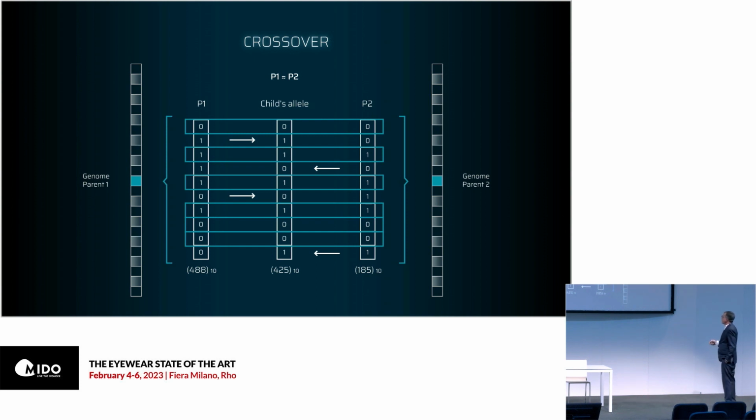Otherwise, we reduce that. In that case, we are assuming that for both parents, the fitness score was almost the same, and then both give the same amount of genetic information to the child. So in this case, the gene for the child is 425.